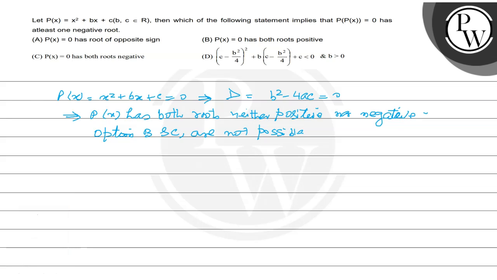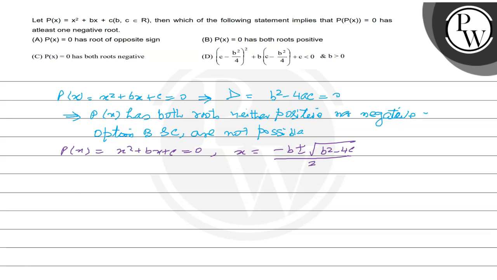We have P(x), that is x square plus bx plus c equal to 0. So we had x as minus b plus minus square root of b square minus 4c over 2.